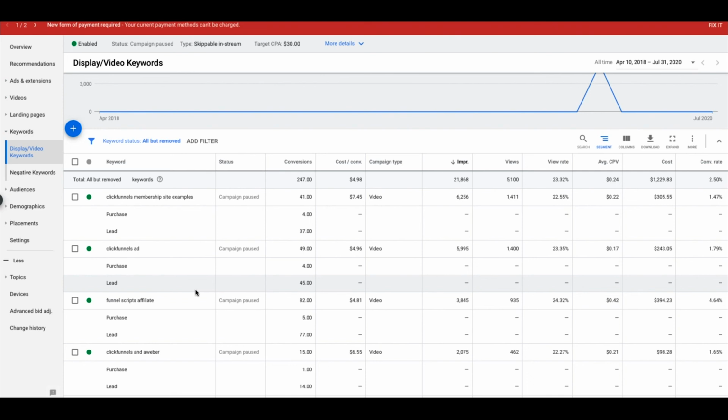You may have an ad group in there that's actually getting all of your sales while the others are dead weight. So that's going to help you with your optimization. So you just have to structure it in a way that makes it easy for you to look at each level and know what's going on.